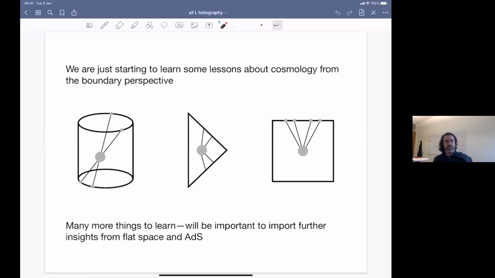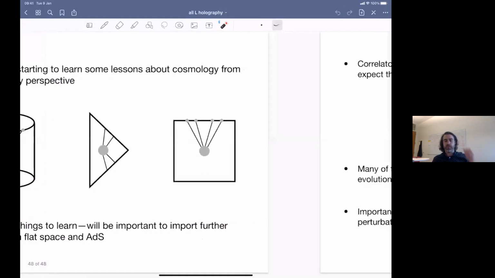But I think it's clear we've already learned a lot of interesting things, that these techniques can be pushed farther, and that there's more to learn. A nice thing about this meeting is that, in order to make further progress, a very promising direction is to import further insights from both flat space and AdS holography. And so I'm excited to talk with all of you about that.